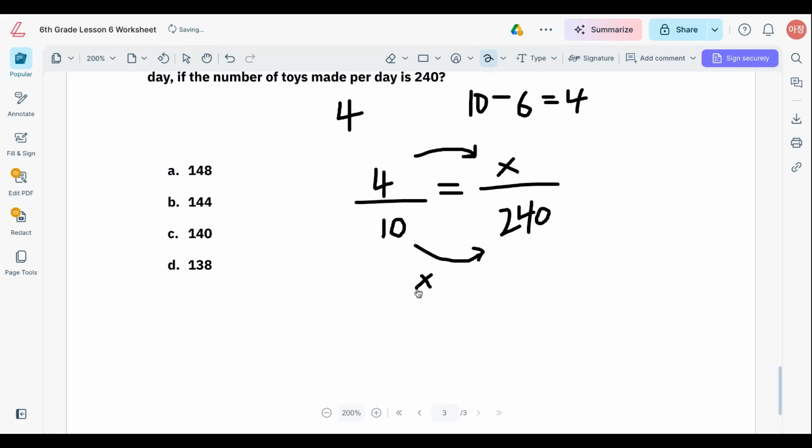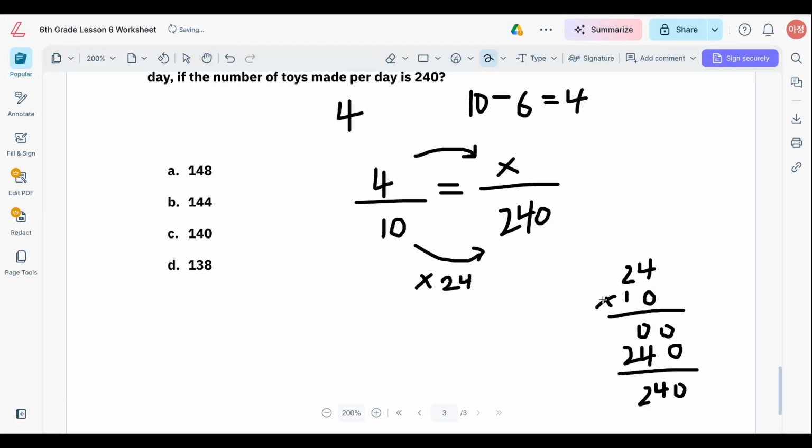It'll be 24. Right? Because 24 times 10 is 0, 0, 0 here, 4, and 2. So 240, right?